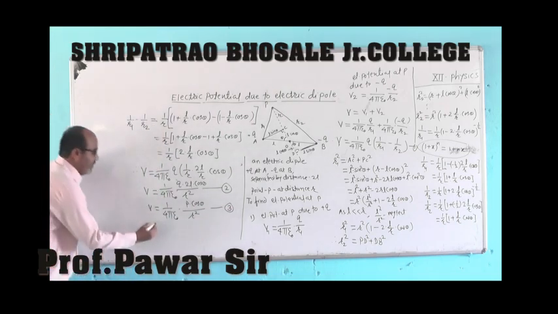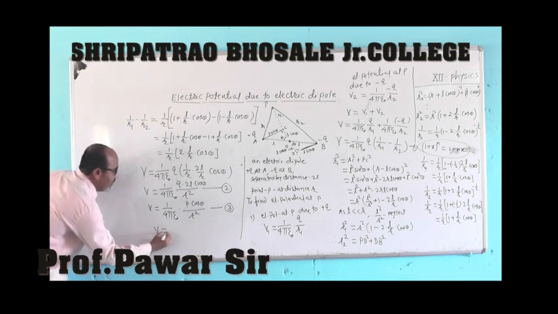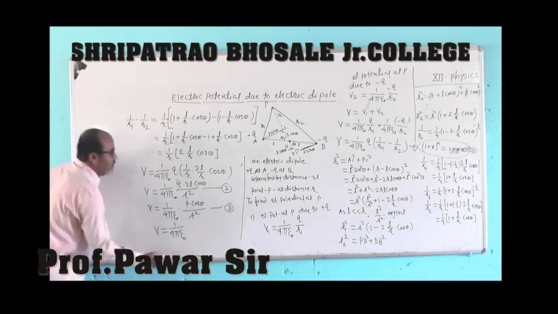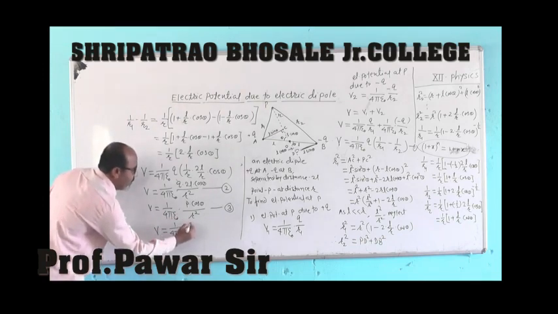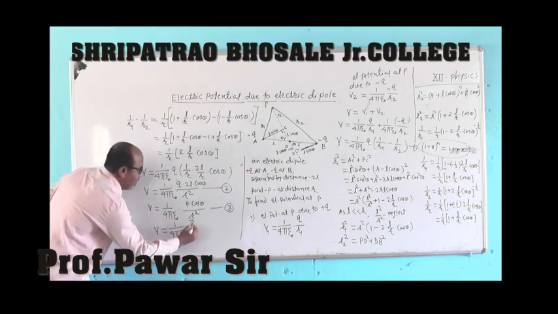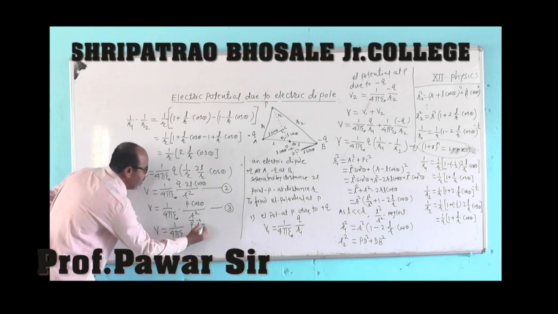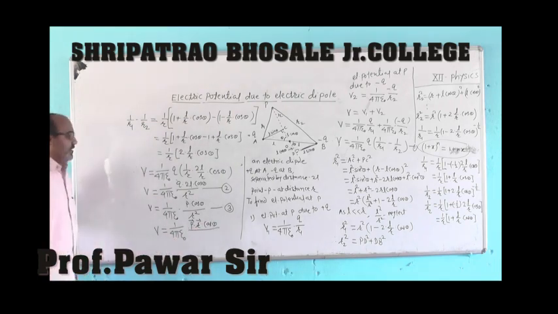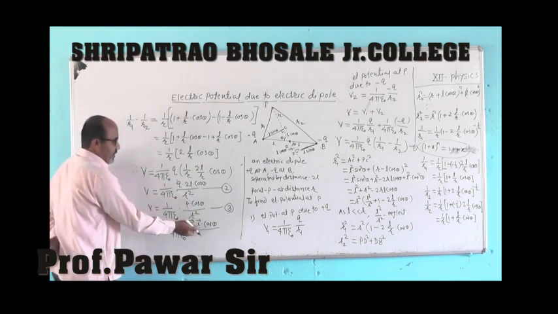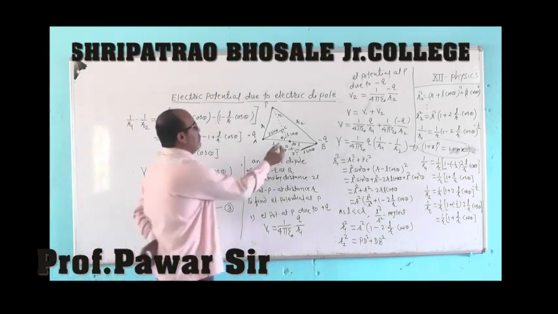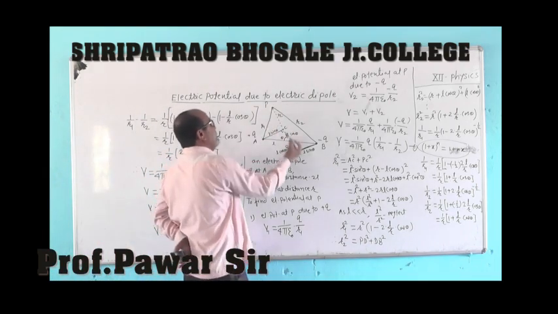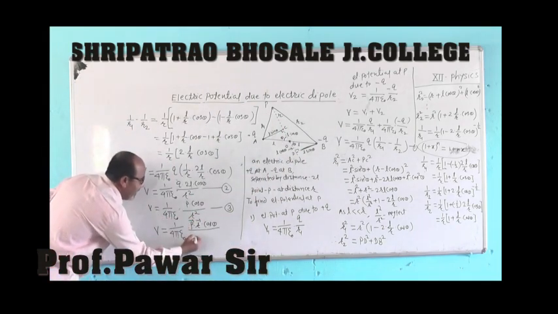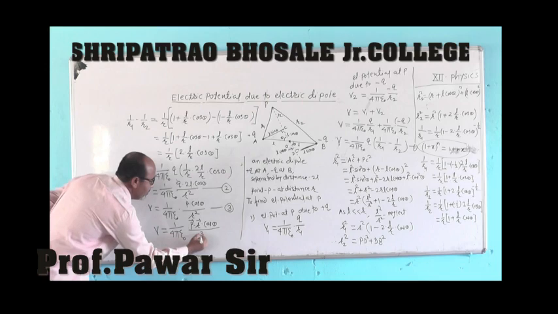Or we can write this in vector form. V equal to 1 upon 4 pi epsilon 0 P bar dot R bar into cos theta divided by R. R means it is a vector directed from point O to P. It has magnitude R. So we divide this by R, we will get R cube.